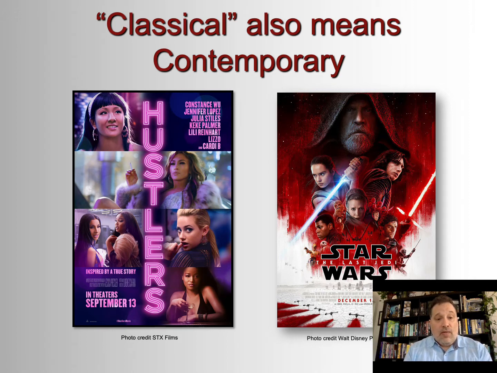Because that exact same story structure, and we'll talk more in detail about what it means, is still being used in almost every contemporary film and TV show, including a movie like Hustlers, which we're going to study in this class, and a Star Wars film.